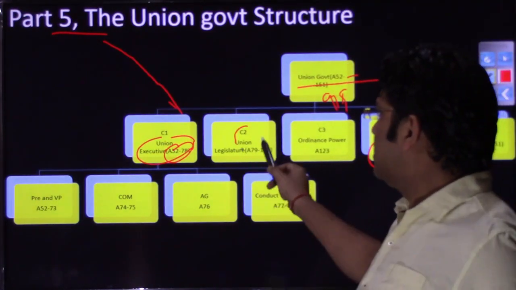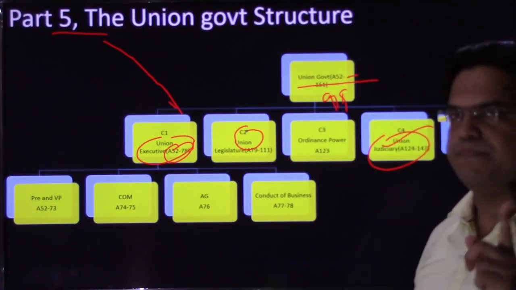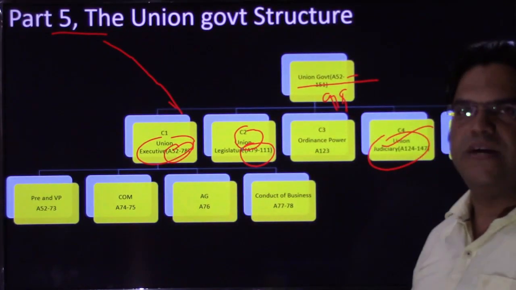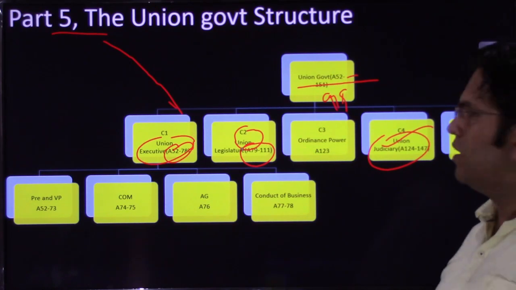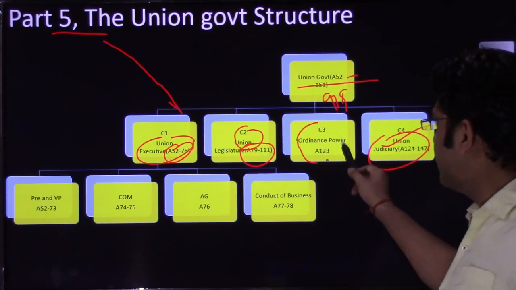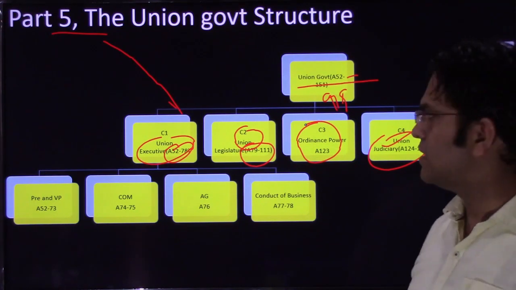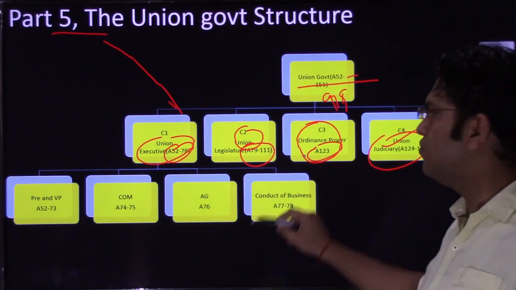Then chapter 2 deals with the union legislature, meaning Parliament, and the articles range from Article 79 to Article 111. Then the third chapter has been dedicated to only one article, the ordinance making power of the President, Article 123.